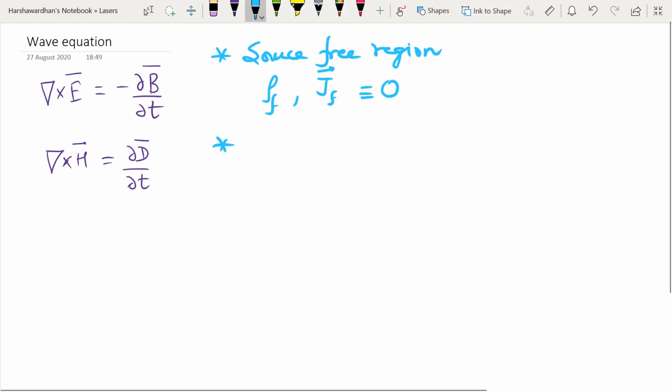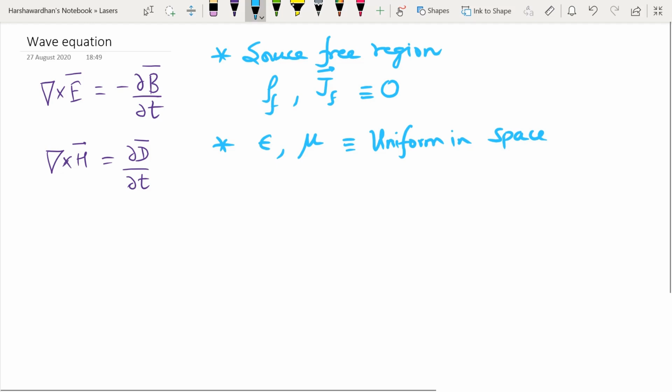And the second approximation which I want to make is that my permittivity and permeability, the electric and the magnetic properties that characterize the medium, both of these are uniform in space. So given these two approximations, we will go ahead and derive the wave equation.